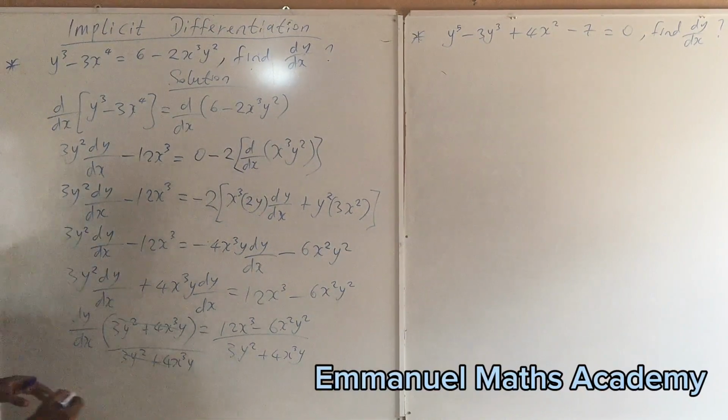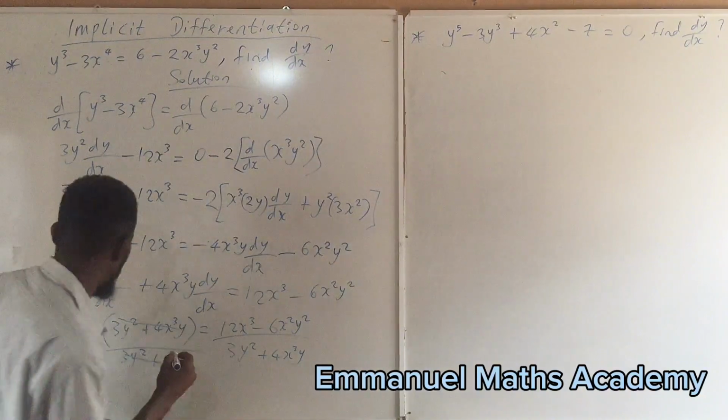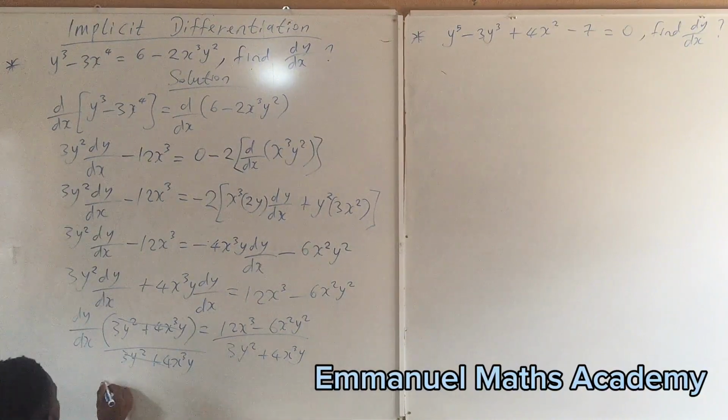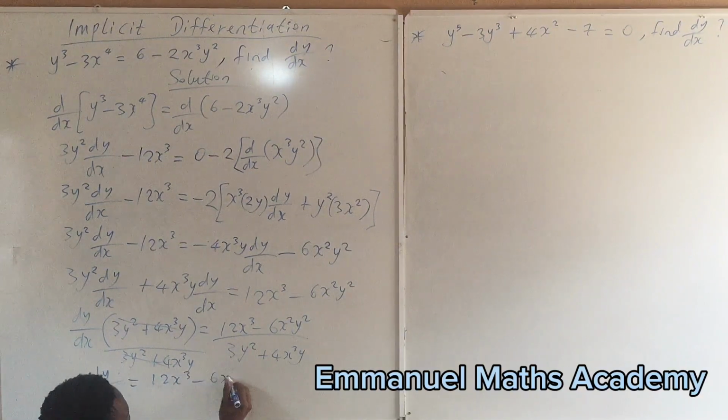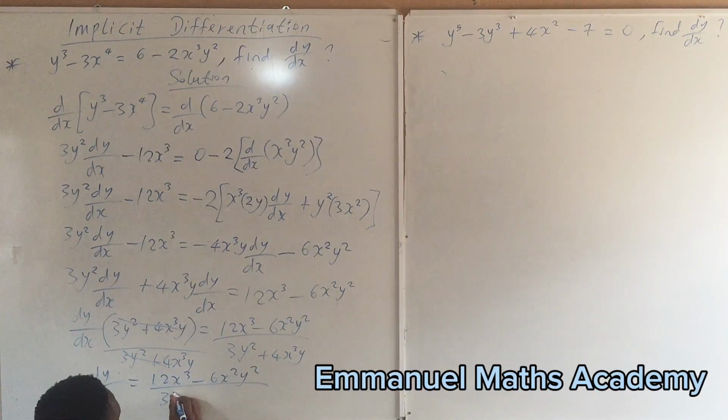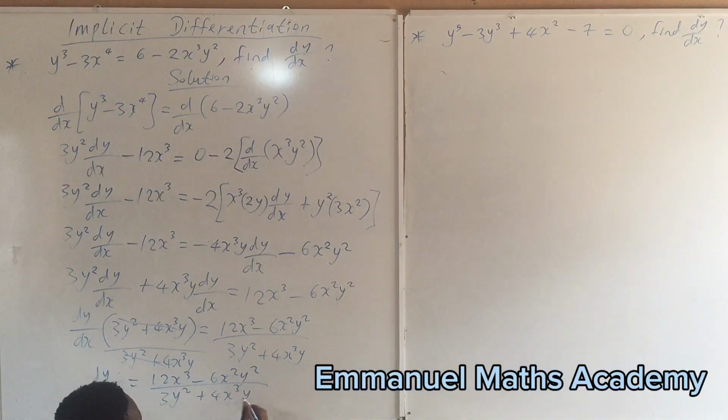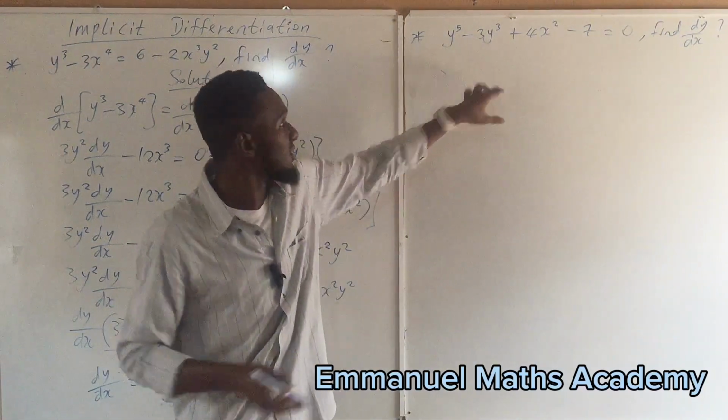This will cancel this. You now have that dy dx is 12x power 3 minus 6x power 2 y power 2 over 3y power 2 plus 4x power 3 y. Now, let's look at the second example.